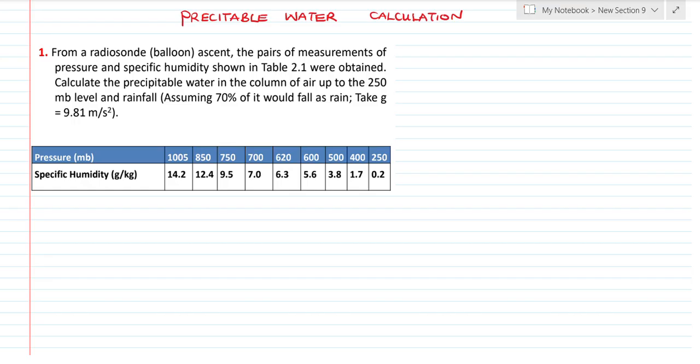Today we're going to look at precipitable water calculation. What meteorologists actually do to know the amount of rainfall that would occur at a certain place, looking at the cloud condition, is mostly this calculation.